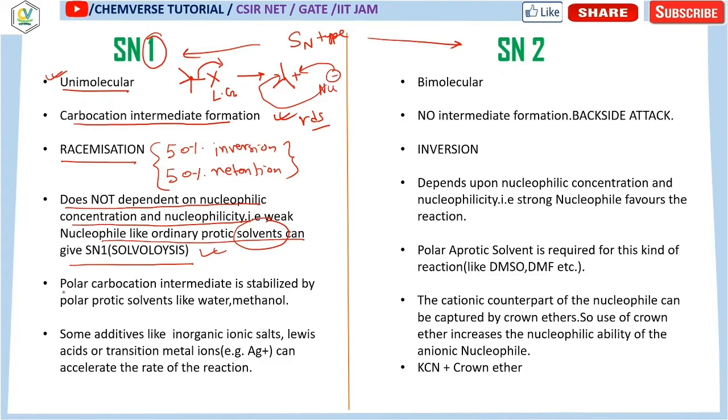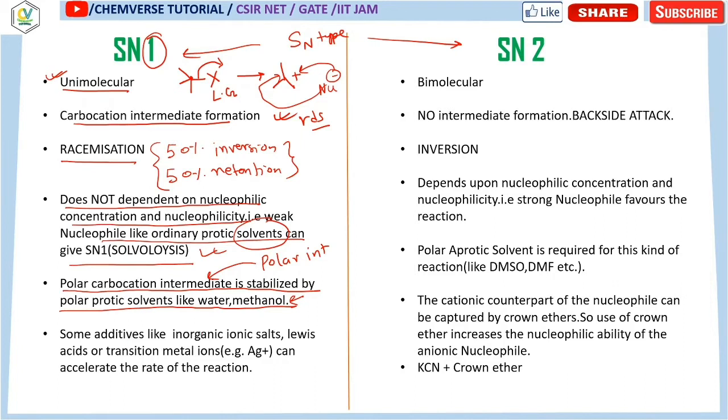Now coming to the next point, the polar carbocation intermediate is stabilized in a polar protic solvent like water or methanol. You know that a polar solvent can stabilize a polar intermediate, like dissolves like.